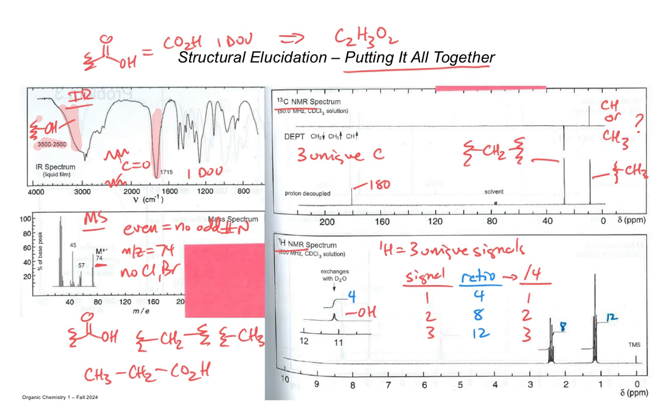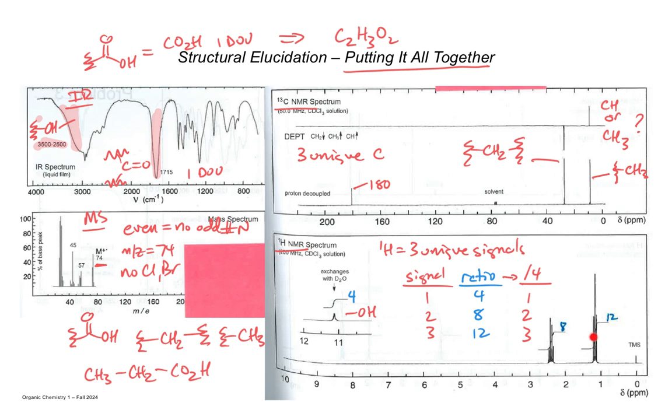And so when we do the assignments, we can say that that signal, because it has 4 lines, the neighboring carbon must have 3 hydrogens. Does that make sense? So that has to belong to the CH2 group.